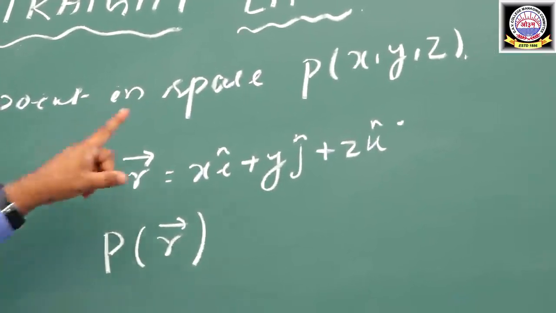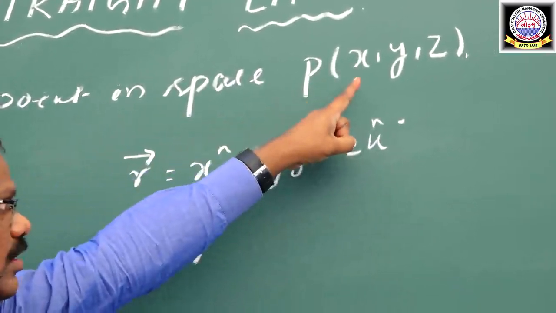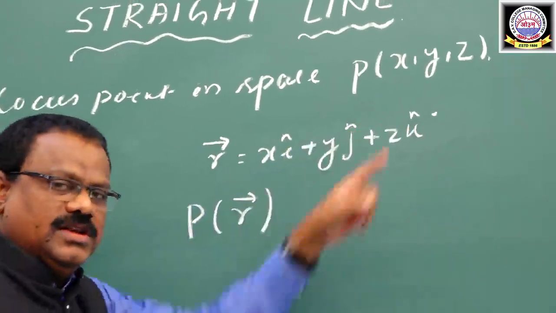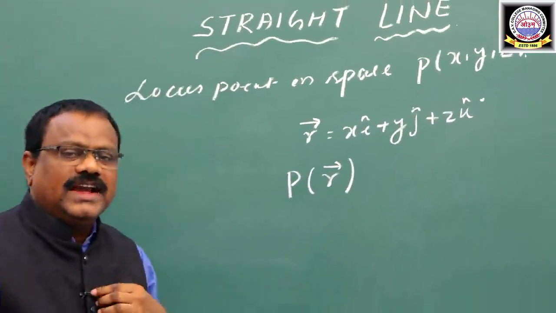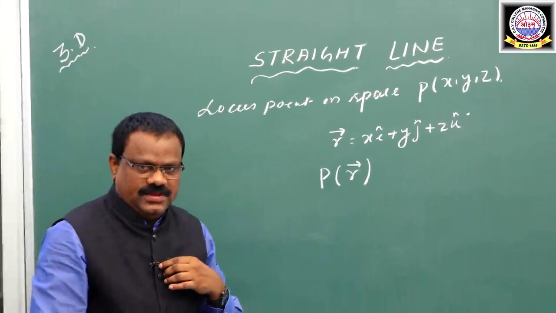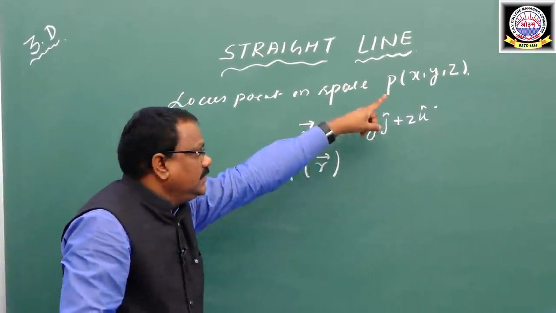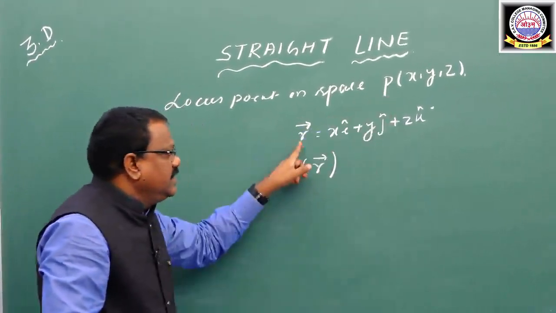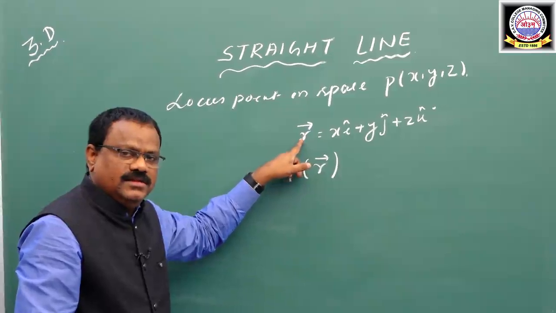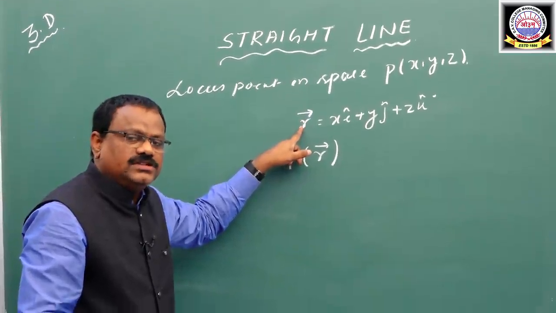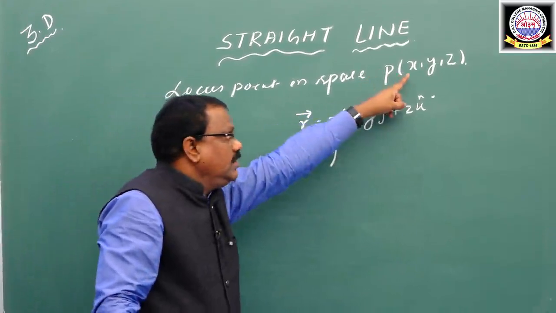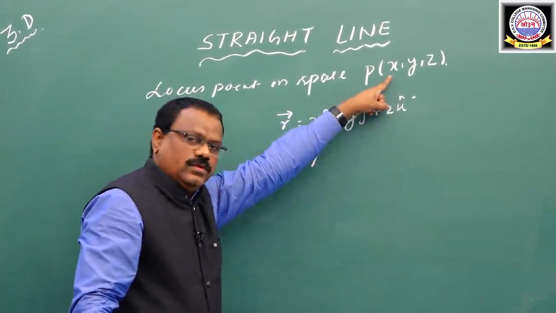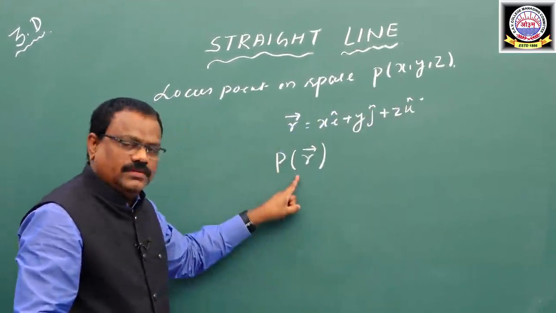Though P has the coordinates x comma y comma z, these are called the Cartesian coordinates, and this x y z is expressed in the form of r vector. So the r vector is the vector form. This is the Cartesian form of the locus point, and this is the vector form.